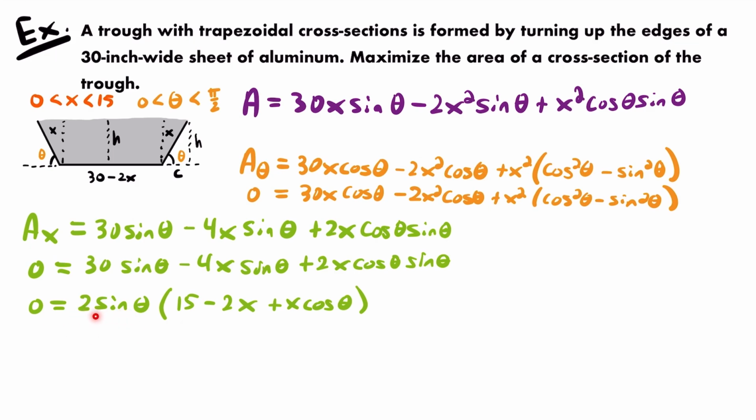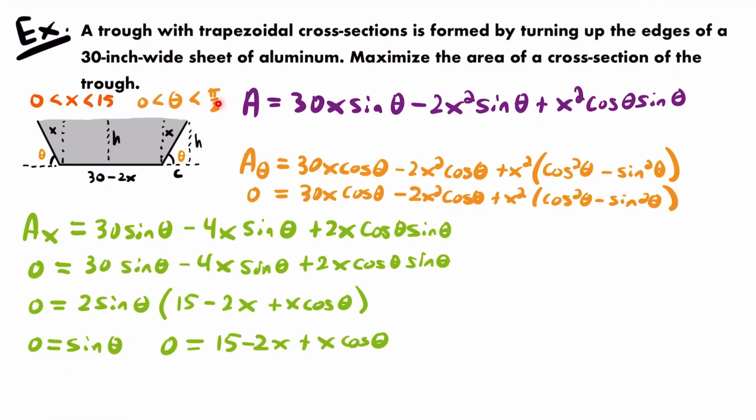And so now what we can do is set each of these factors equal to 0 on their own. And so if you set 2 sine theta equal to 0, it doesn't matter that there's a 2 in front of it. You could divide both sides by 2 and it's gone. So really we get 0 is equal to sine theta and 0 is equal to 15 minus 2x plus x times cosine theta. All right, and so then for this equation, we only have one variable, so we could solve for it. What values of theta would make sine equal to 0?